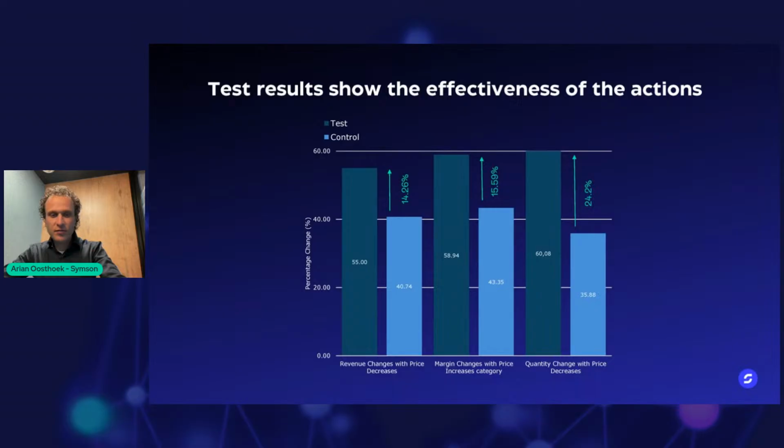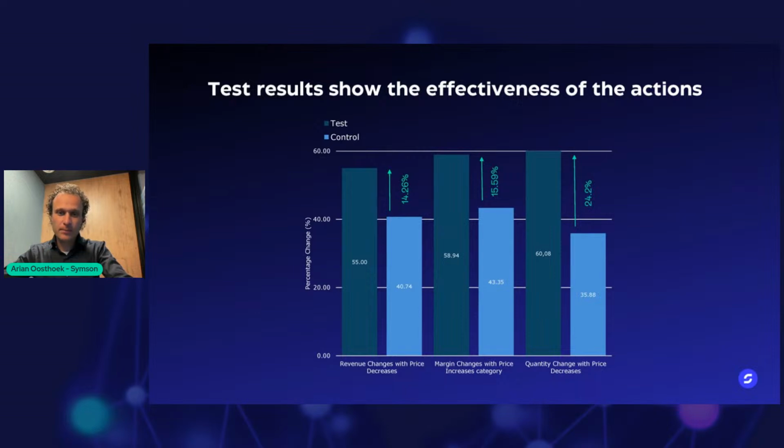We saw very effective results when it came to price decreases. So the very insensitive products gave a 14.3 higher revenue compared to the control location. The same goes with the margin changes. The price increases were 16% more than the control location.